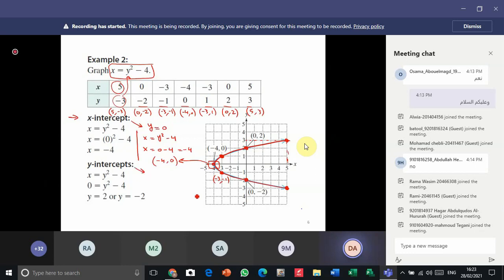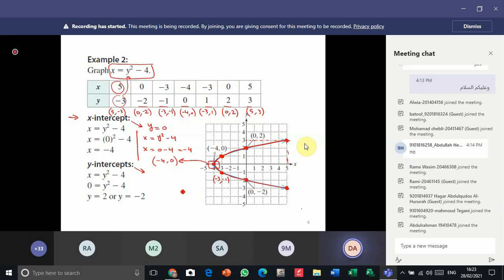If we need to find the y-intercept, this means x equals 0. Substitute x equals 0 in the equation x equals y squared minus 4, so we have 0 equals y squared minus 4. Move the negative 4 to the other side, so y squared equals 4. Take the radical, so y equals plus or minus radical 4, which equals 2.